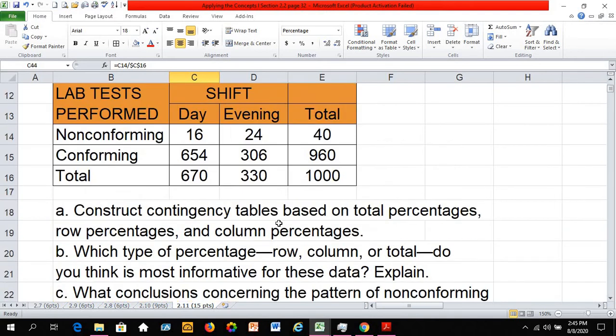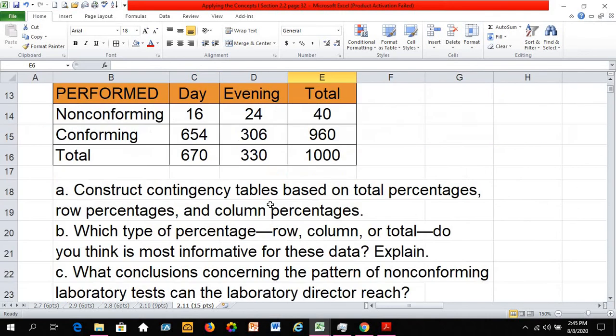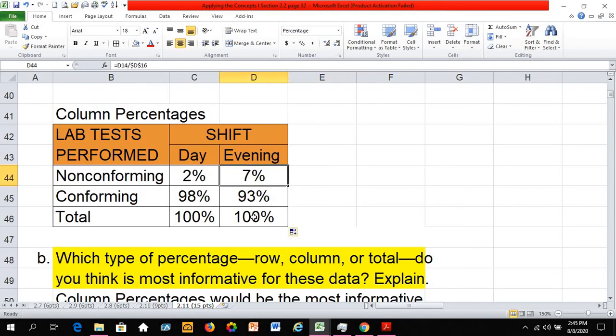So again, going back to the problem, we are looking for the root cause of non-conformances. So this is an effort to determine where the root cause is. It seems that during the evening shift, a big number of lab tests that need to be redone is happening. That's 7%, and only a small percentage during the day.